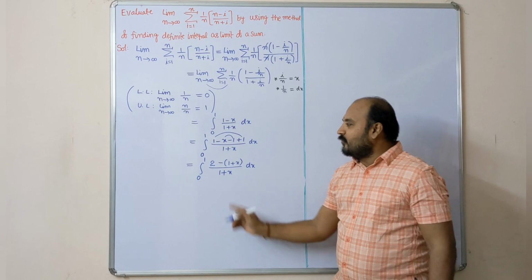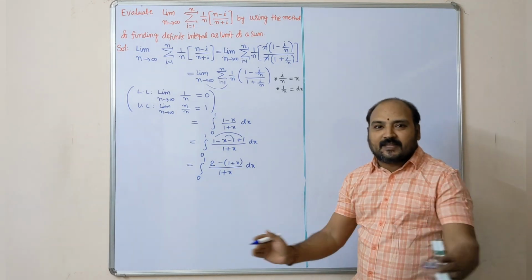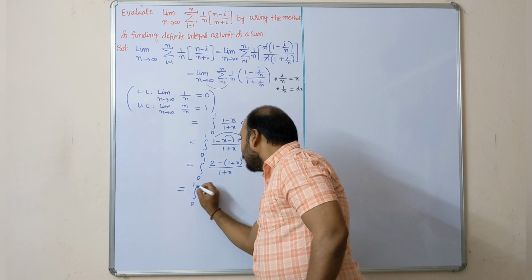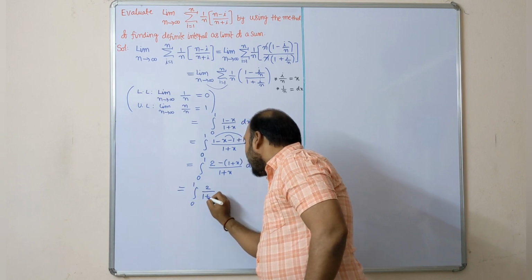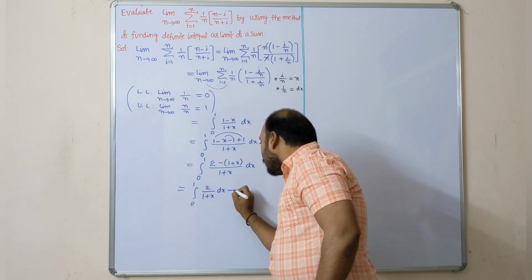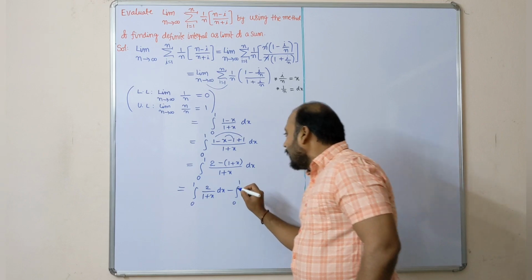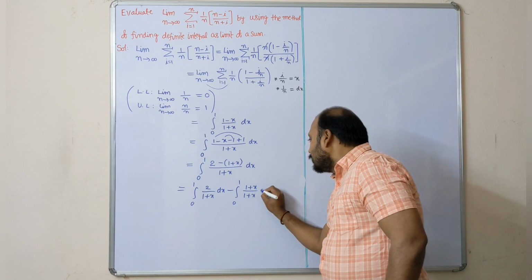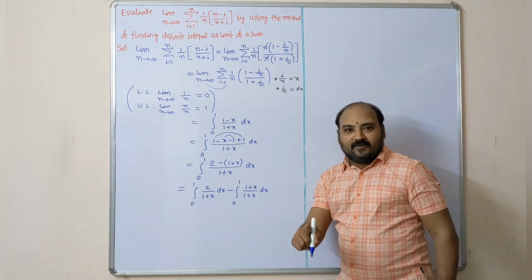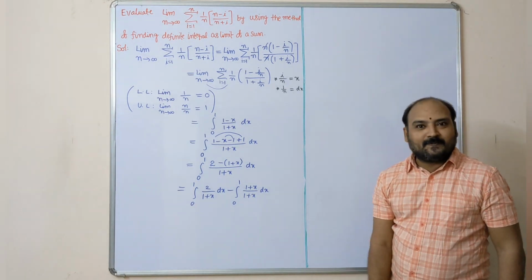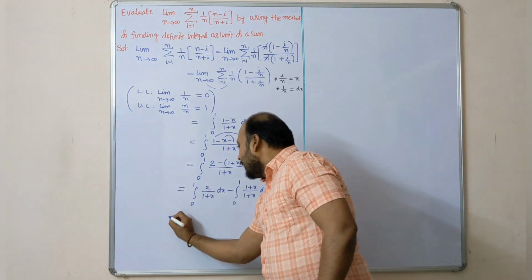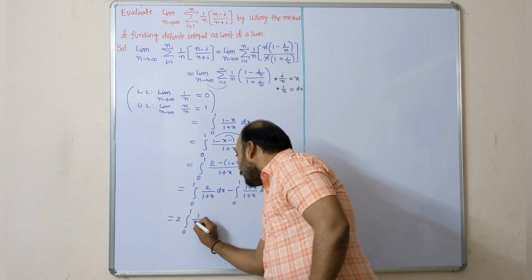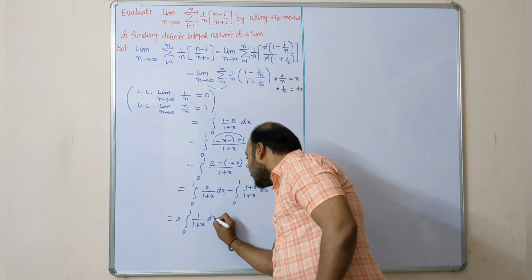In the next step, we can split into two integrals and then integrate. So integral 0 to 1, 2 by 1 plus x into dx, minus integral 0 to 1, 1 plus x divided by 1 plus x into dx. Does everyone understand this, students? I hope so. So the constant 2 we can take outside: integral 0 to 1, 1 by 1 plus x into dx.